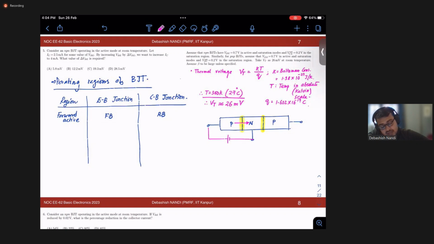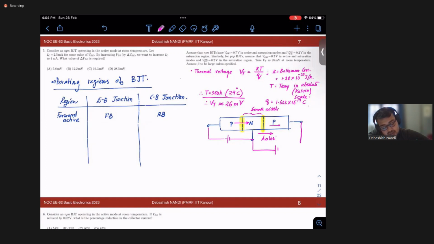And you keep the base region width small, and you collect these holes out of this terminal, right? So you keep this as reverse biased.